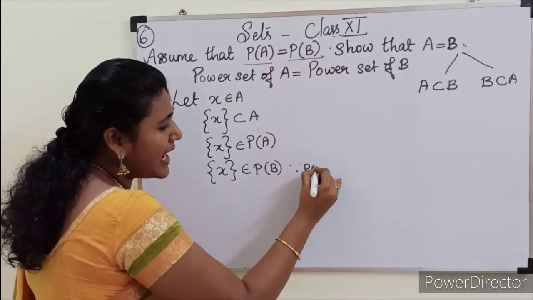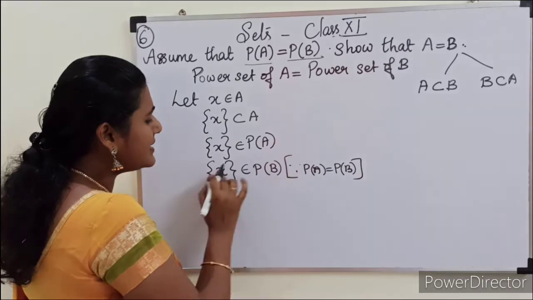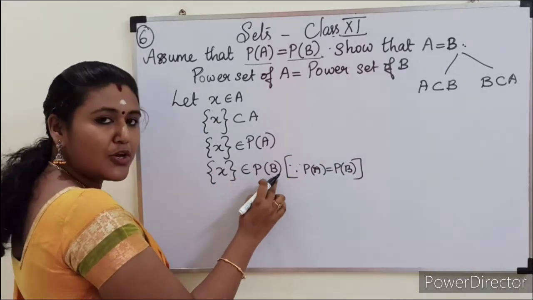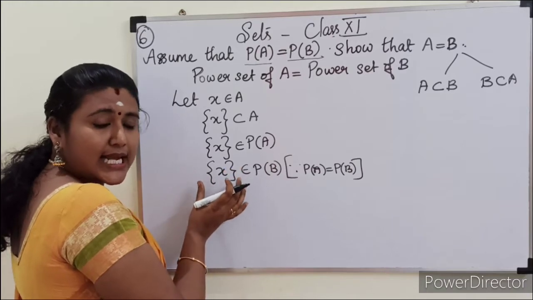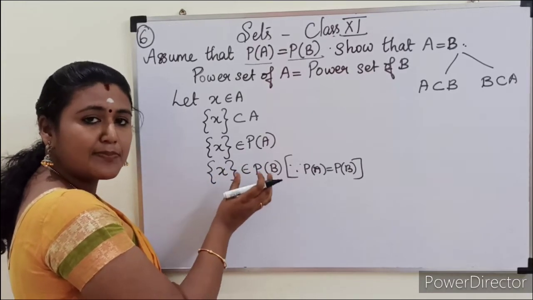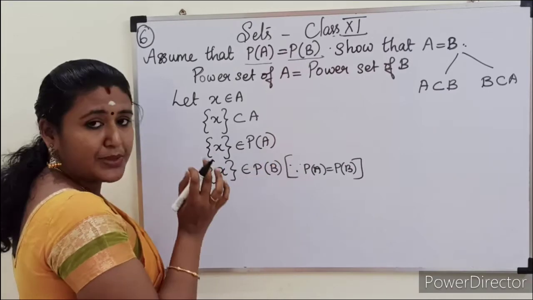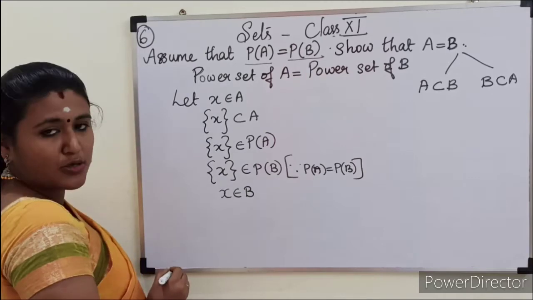Reason: P of A and P of B are equal. Since these two are equal, this set belongs to P of B also. So what is its meaning? This set {X} belongs to P of B means this set is a subset of set B. That means X belongs to B. We can write X belongs to B.